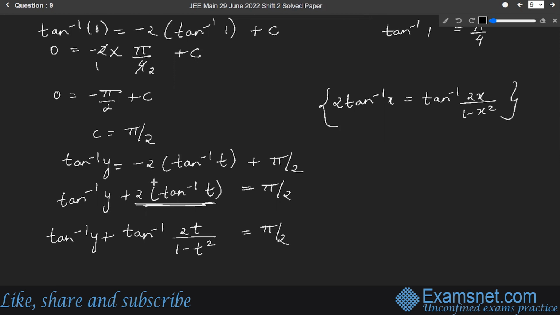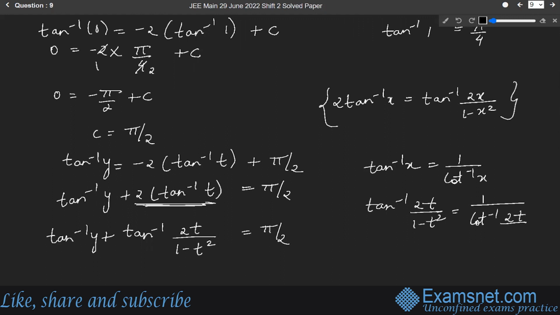Now we have to use another concept, which is tan inverse x is equal to 1 by cot inverse x, right? What is the value here? Tan inverse 2t upon 1 minus t square will be equal to 1 upon cot inverse 2t upon 1 minus t square. Now what is 1 upon cot inverse?